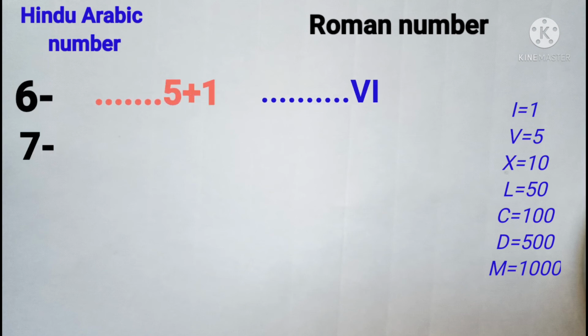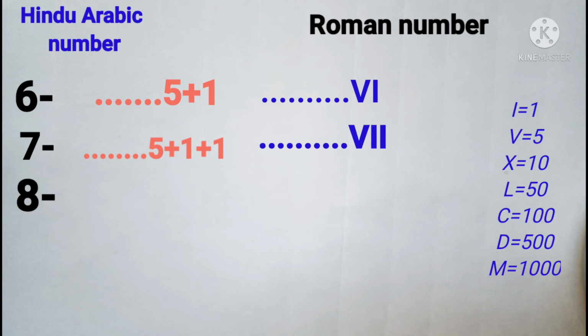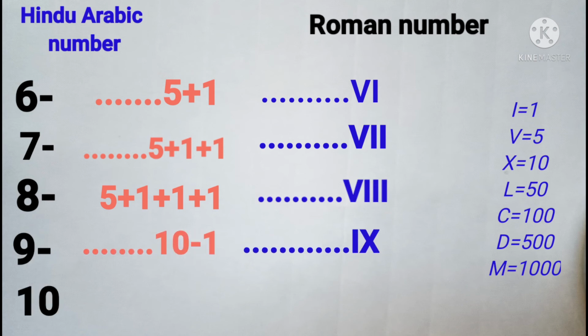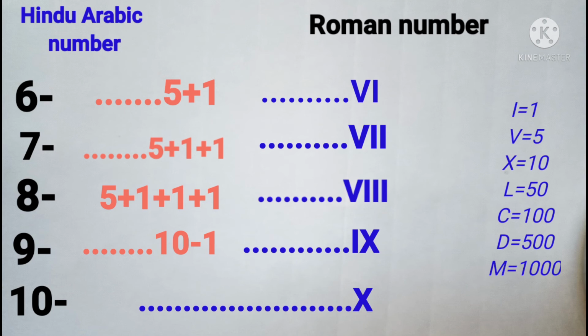6 can be written as 5 plus 1. By the rule of addition, it can be written as VI. I is to the right of V, so the value of I will be added to the value of V, so it will be 6. 7 can be written as 5 plus 1 plus 1, that will be V double I. 8 can be written as 5 plus 1 plus 1 plus 1, that will be V triple I. 9 can be written as 10 minus 1, we can write it as IX.